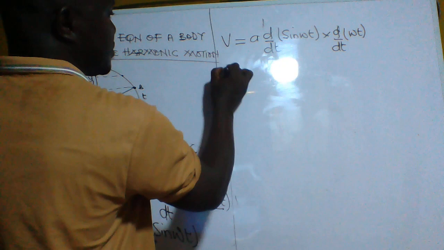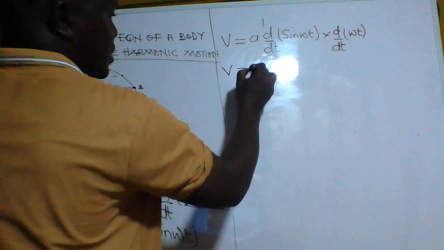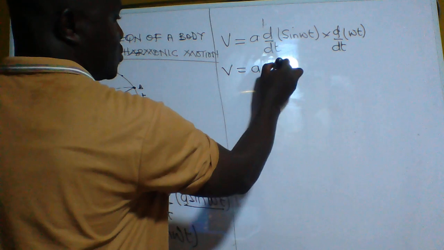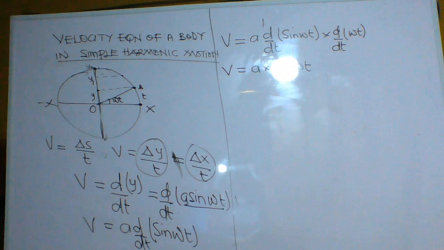Okay, now what is the differential of sine? When you differentiate sine function, it is equal to a cosine function. So cos omega t.